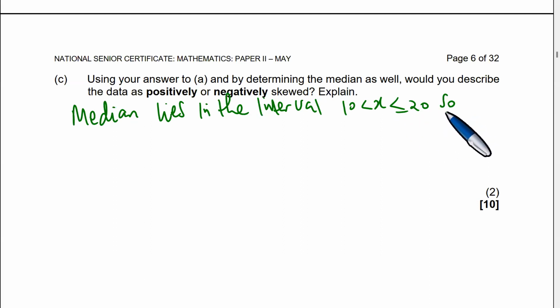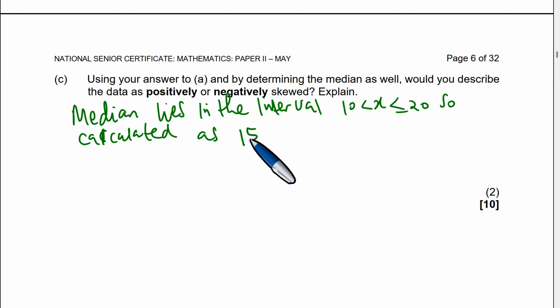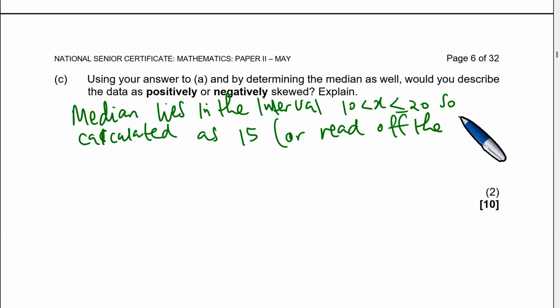So calculated, it is 15. Or if you don't want to say calculated as 15, read off the ogive curve.